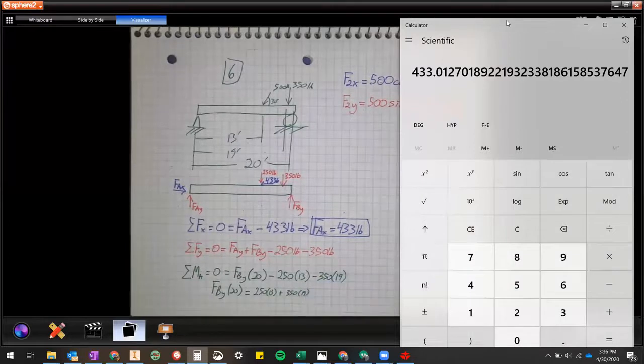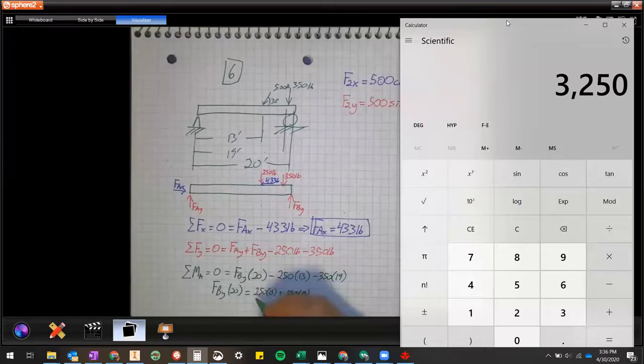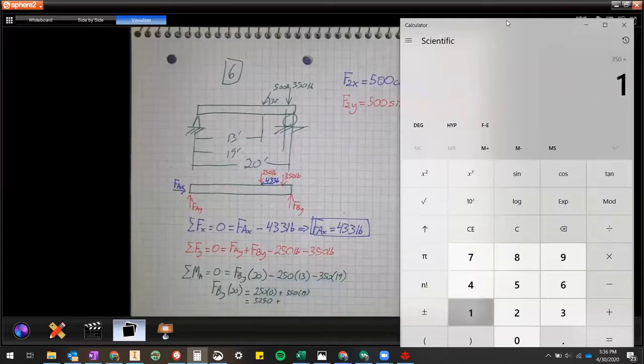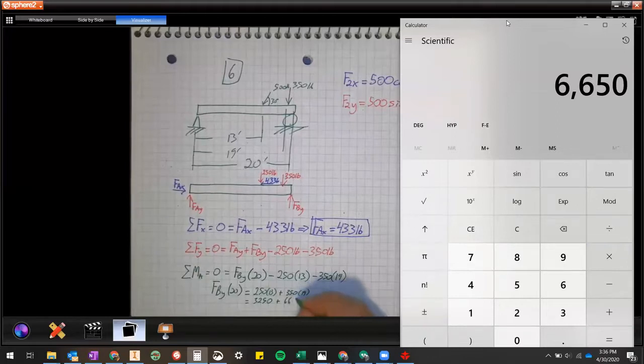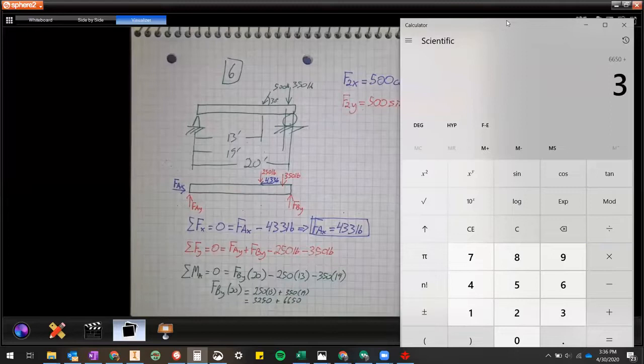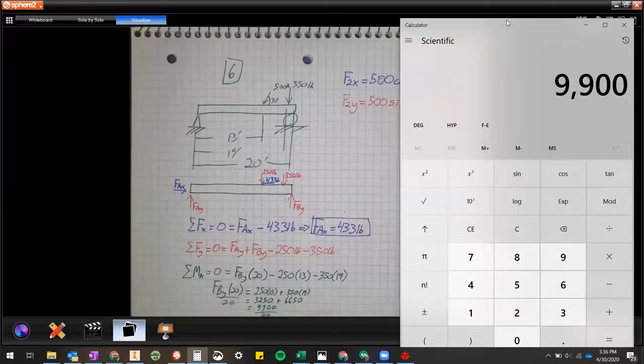If I type that in quick, that's 3250 plus 350 times 19, 6650. So if I add those two together, 6650 plus 3250 equals 9900.